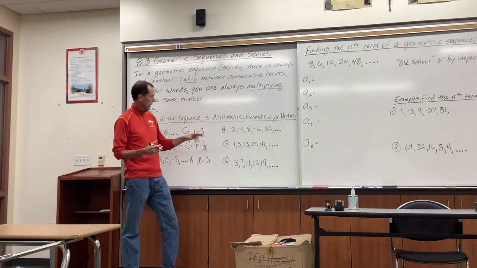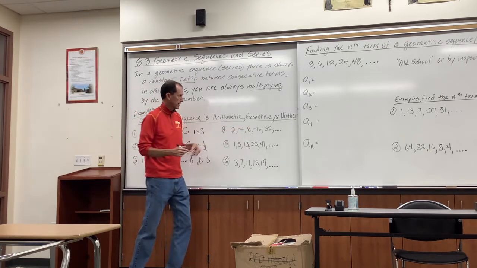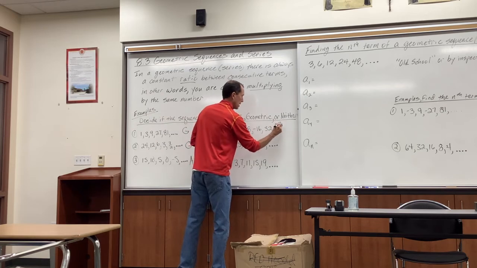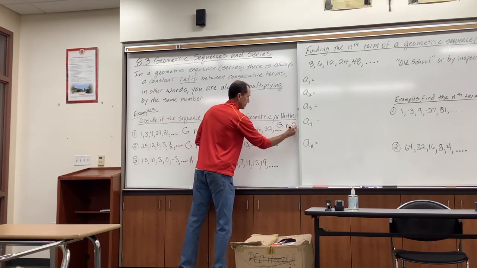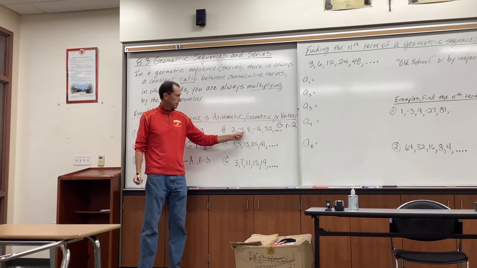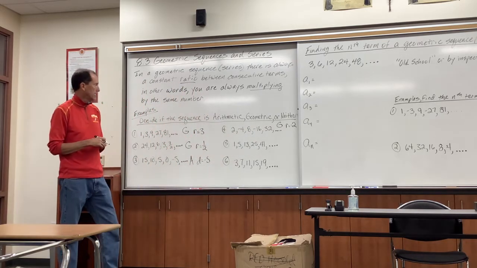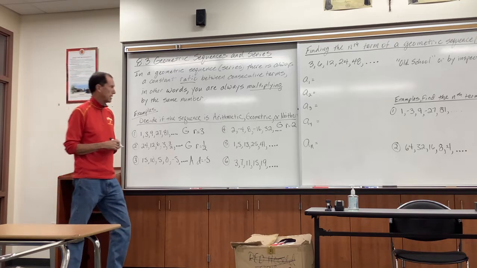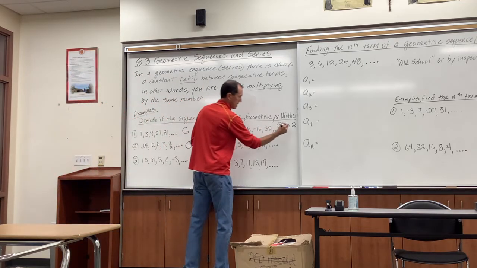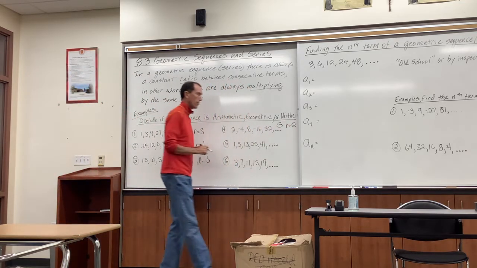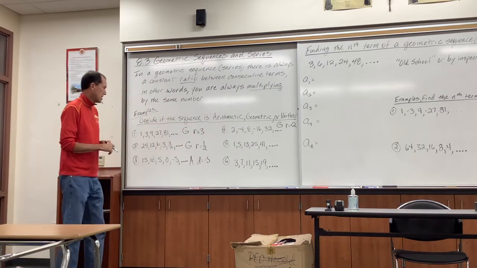So we are multiplying by -2 each time, it looks like. So you could say it's geometric with a ratio of -2. Anytime you see a sequence bouncing back and forth between positive and negative, that's probably a pretty good hint that it has a ratio that is negative. That's the only way it's going to bounce back and forth.